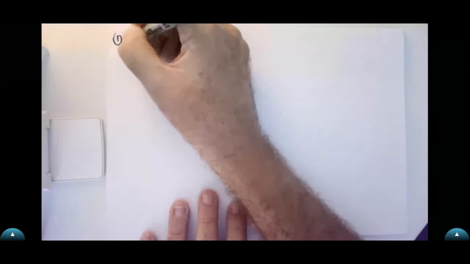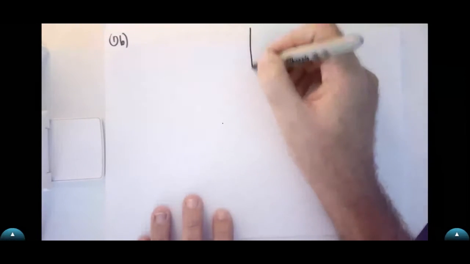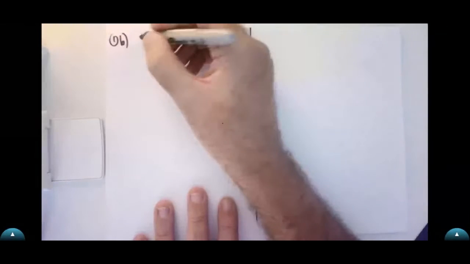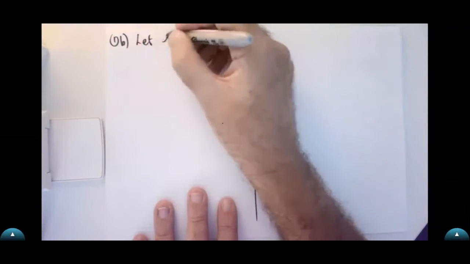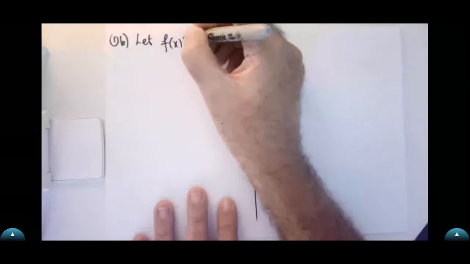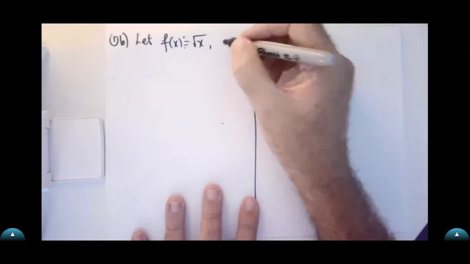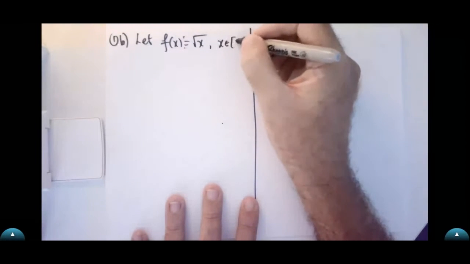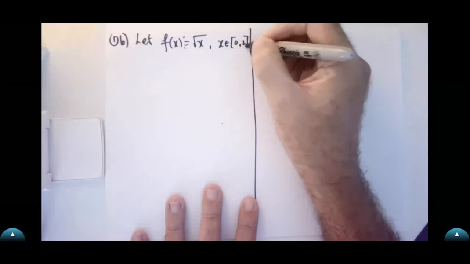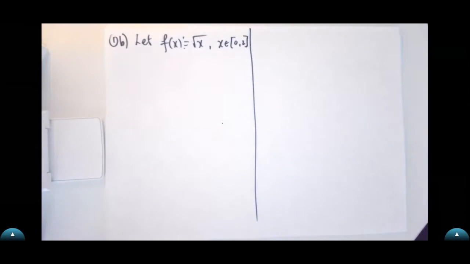Question 1B. All right, so we're going to let a function be defined to be the square root function, and we're interested in the x values between 0 and 2.